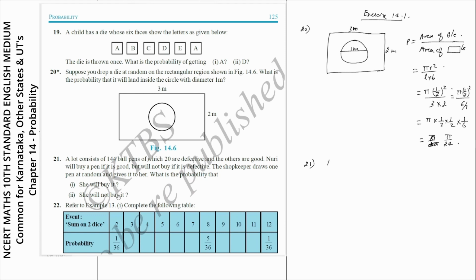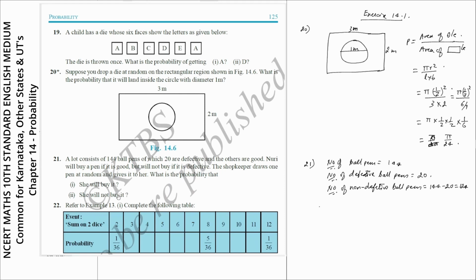So here, number of ball pens is equal to 144, and number of defective ball pens is equal to 20. Therefore, number of non-defective ball pens will be equal to 144 minus 20, which is equal to 124.